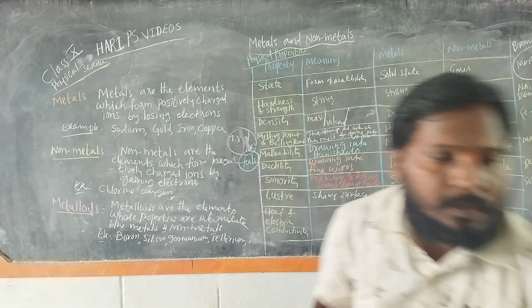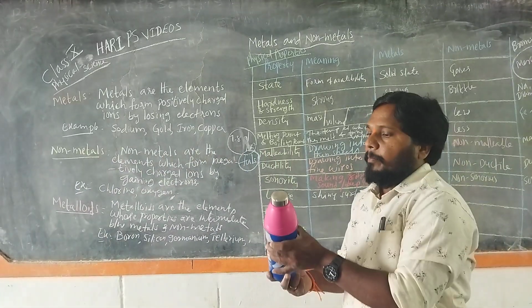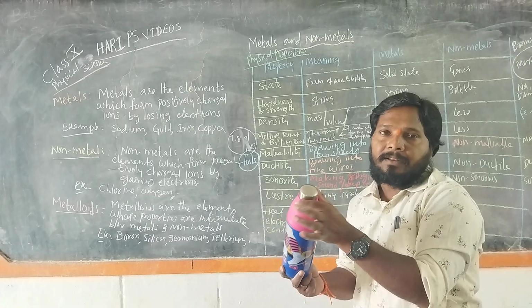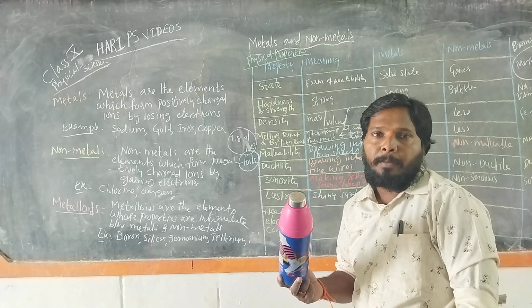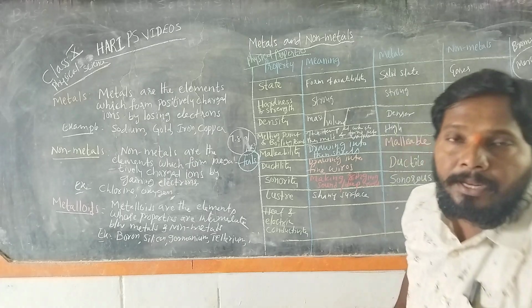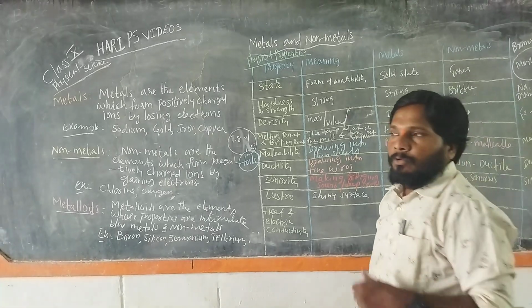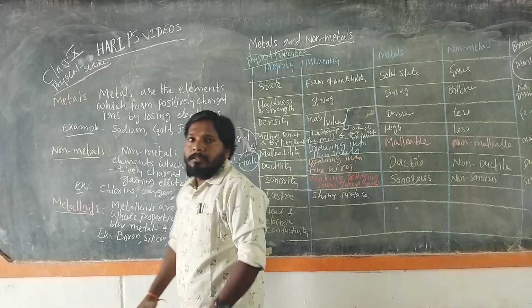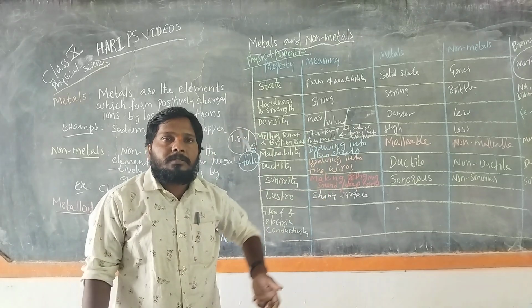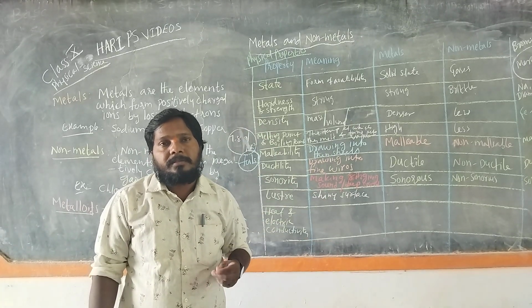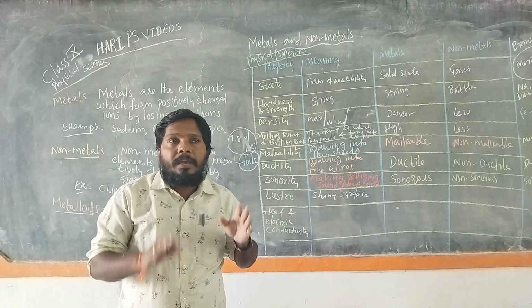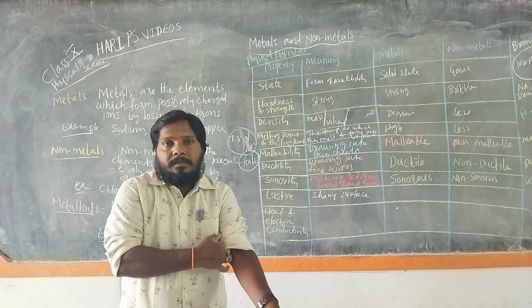Observe that the cap has a shiny surface because it is made up of metal. So cooking utensils have shiny surfaces. Newly purchased vehicle rims have shiny surfaces too, because they have the shiny property.